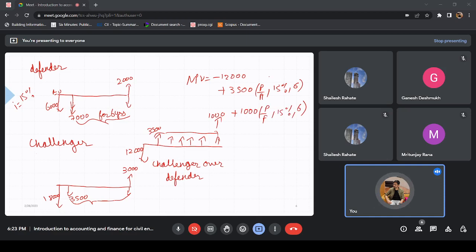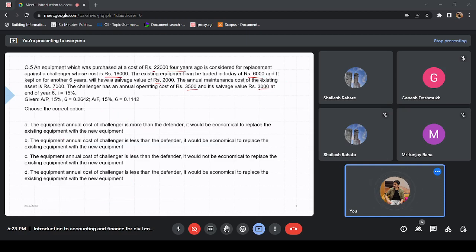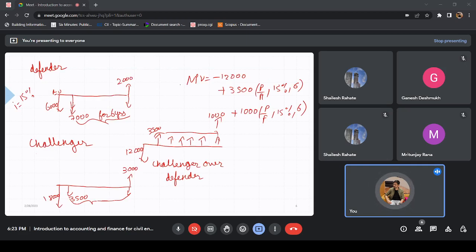Taking these values, we have been given A given P and A given F. So either we can convert this into an equivalent annual cost. Can you guys use the same given values to calculate these factors, or should we write the equation again in terms of annual worth?